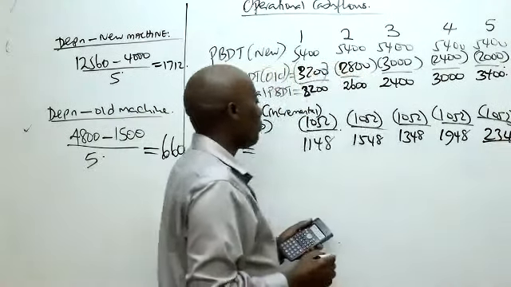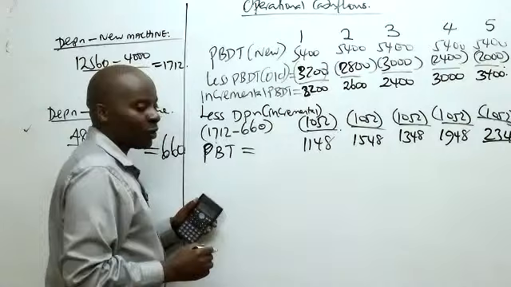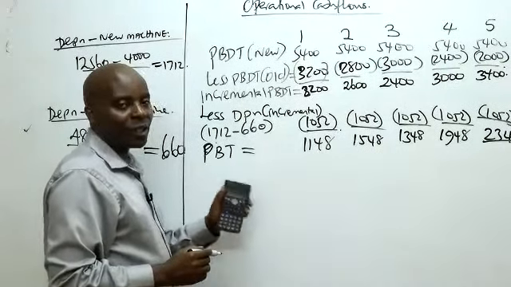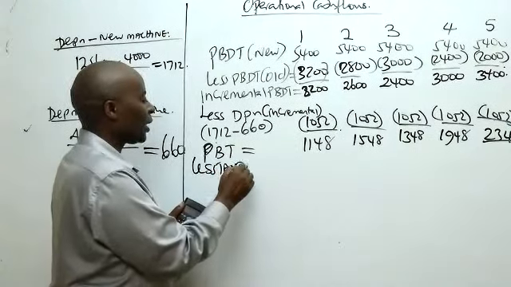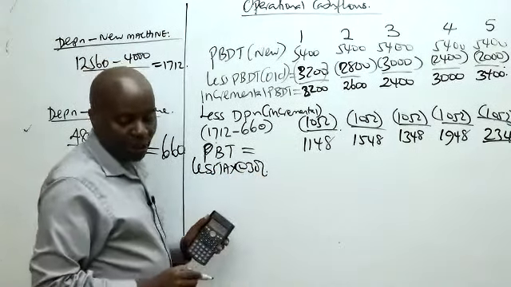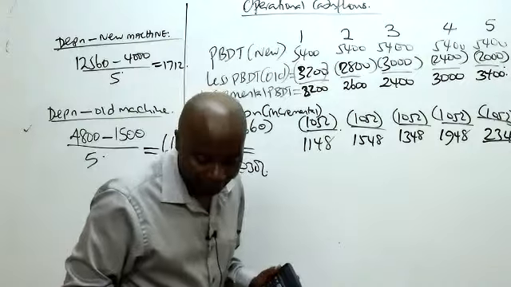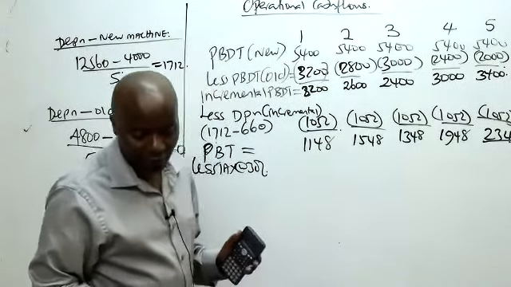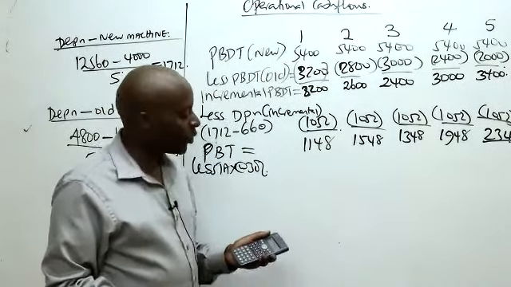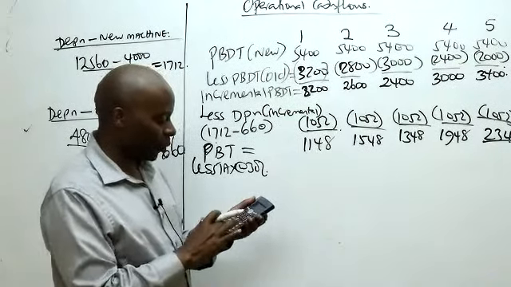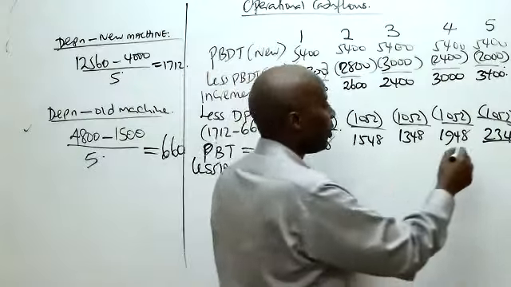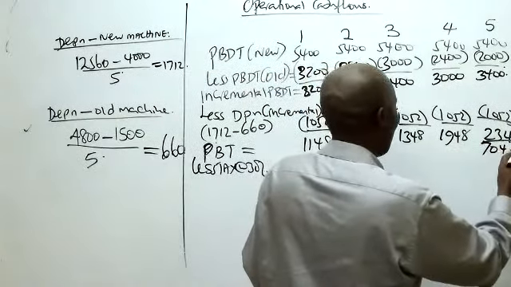Once you have your figures, these are profits before tax. Go ahead and share these with the taxman. So less tax at 30%. The 30% rate was given in the last paragraph before required. So we have times 0.3. The last one, 704.4.